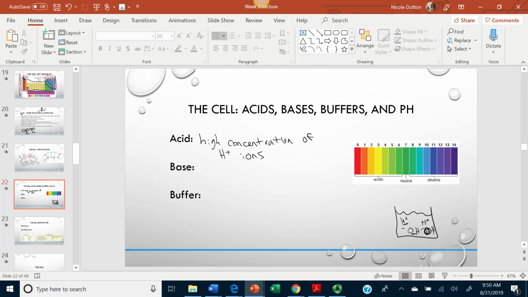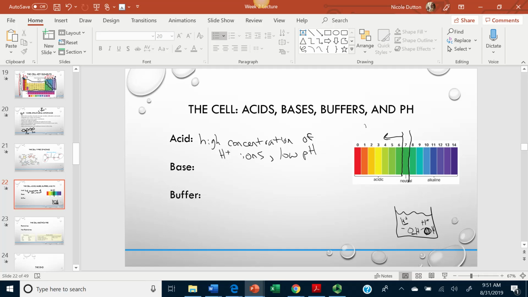When you talk about pH and how you calculate pH, pH is the negative log of the concentration of hydrogen ions. So when we're calculating pH, we're figuring out how many hydrogen ions are present. The more hydrogen ions you have, the lower the pH. So an acid has a low pH. If you look at this pH scale, 7 is neutral.